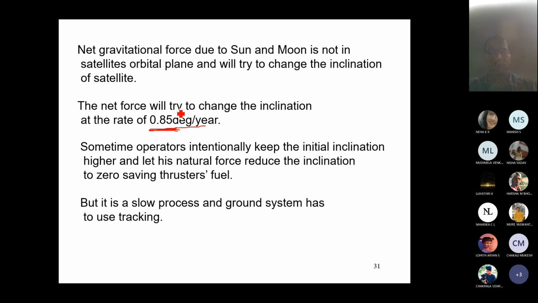But it is a slow process and the ground system has to use tracking. Whatever this movement is, the north-south movement, it happens throughout the year. So this is a very slow process, and we can track the satellite by using telemetry and tracking system and the ground station.